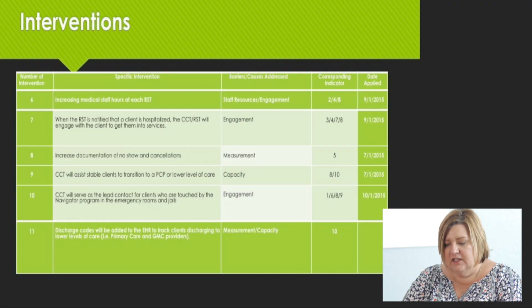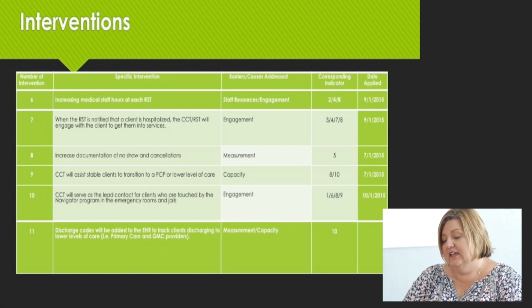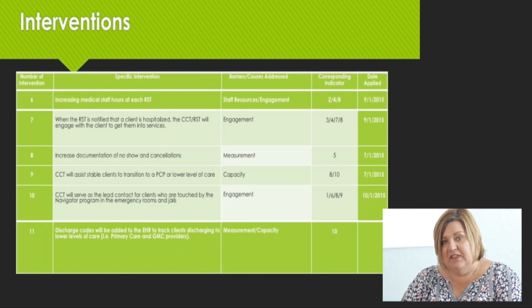And so they've defined for you and shown you how each of those interventions relate to those. On the next slide, they talked about increasing medical staff hours at each of the different clinics, and then they talked about increasing documentation and assisting clients to transition to a PCP. So these are some of the areas that they had identified that were issues.